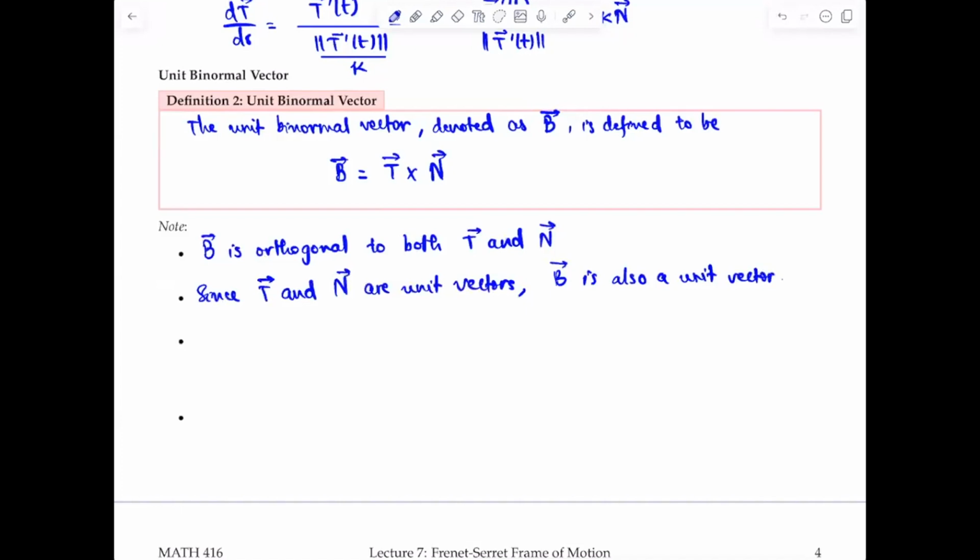In the two-dimensional case, or in plane curves, so in R2, B is either pointing upward or downward.